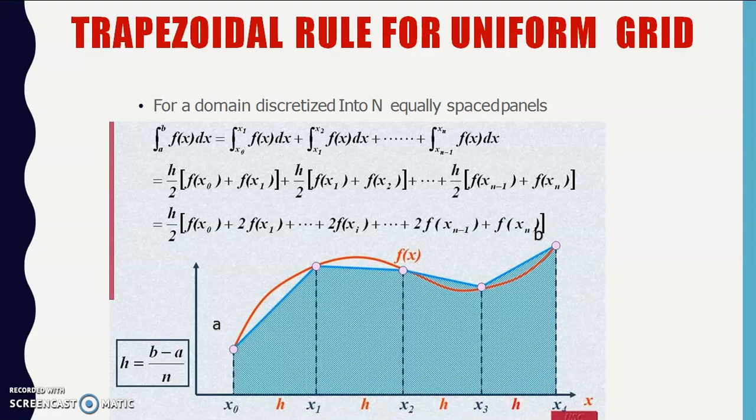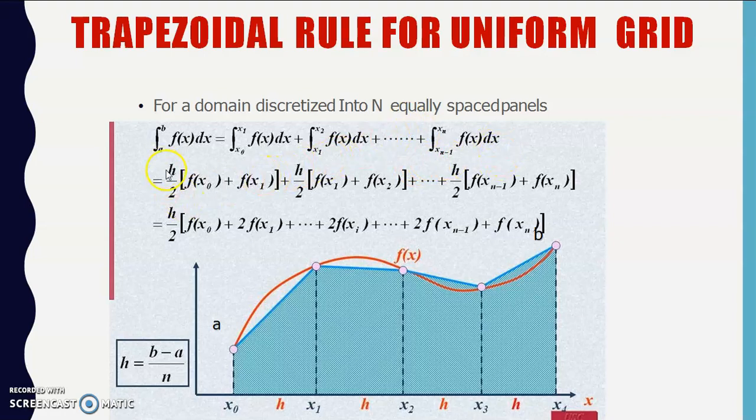So from this we can say that integral a to b f of x dx is equal to integral x0 to x1 f of x dx plus integral x1 to x2 f of x dx plus integral x2 to x3 f of x dx, and so on.